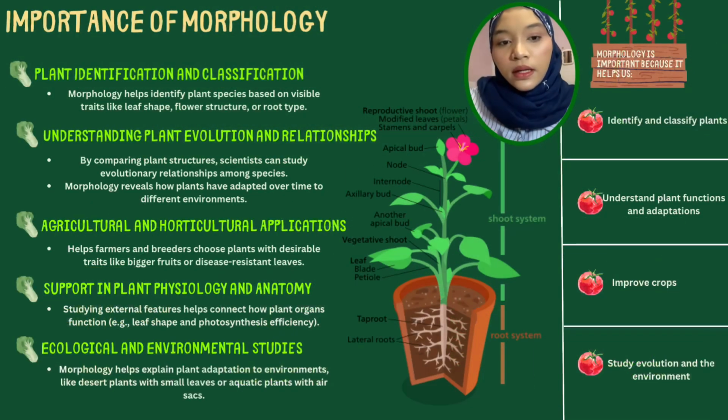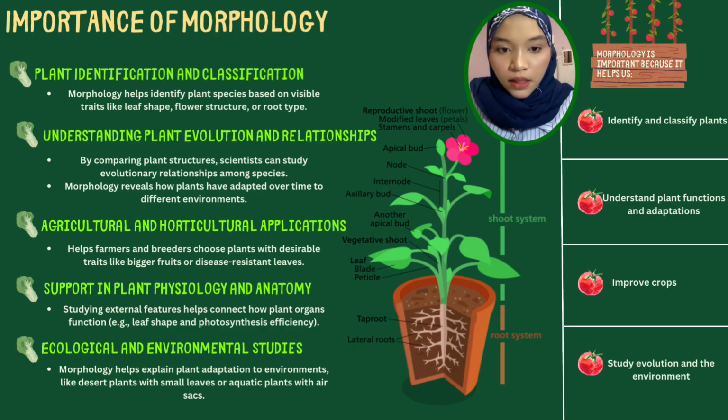So the second one is the importance of morphology. The first one is identification and classification. It helps us in recognizing and naming plants based on their structures. The second one is understanding plant function.